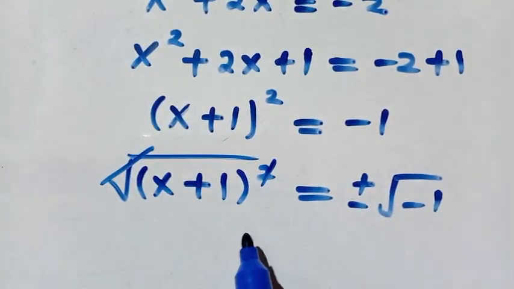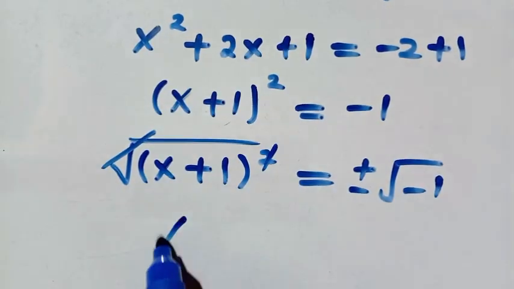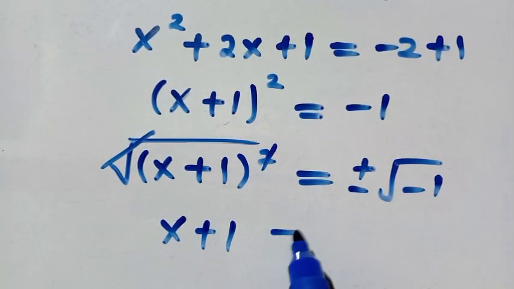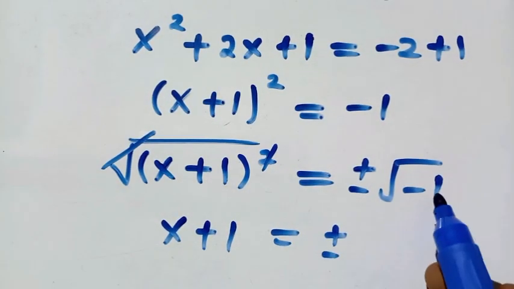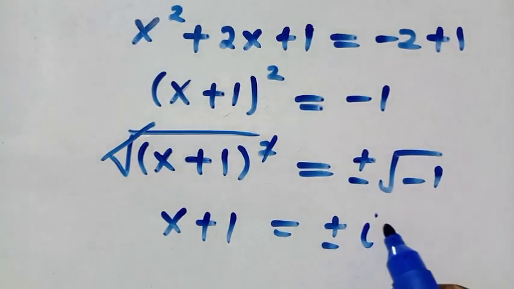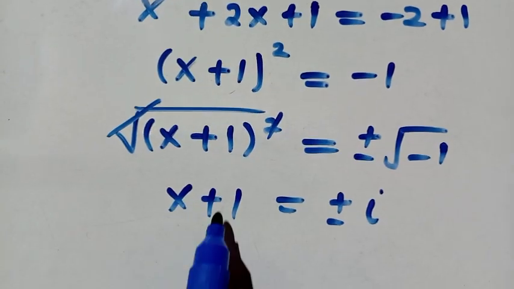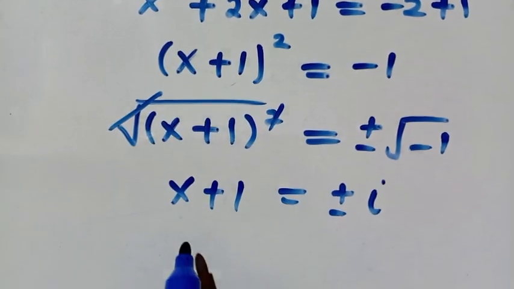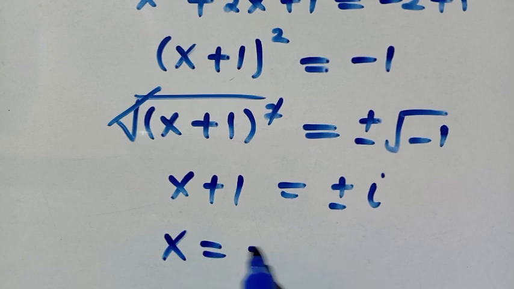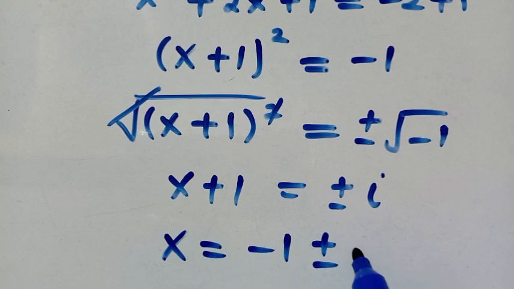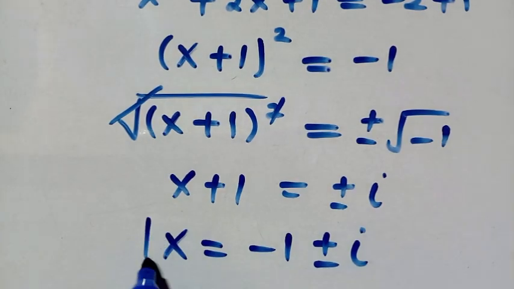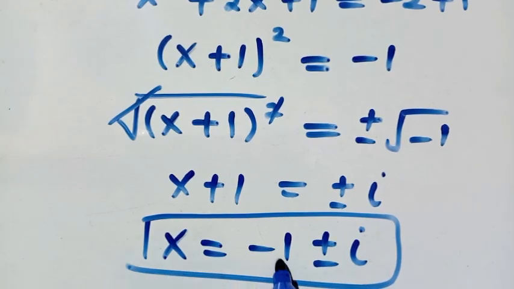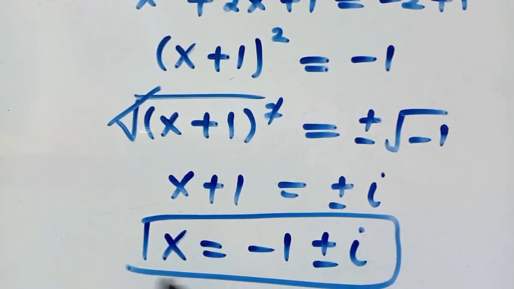So x plus 1 equals plus or minus the square root of minus 1, which is given as i, iota. Transferring 1 to the other side, x equals minus 1 plus or minus i. These are two solutions: x equals minus 1 plus i and x equals minus 1 minus i.